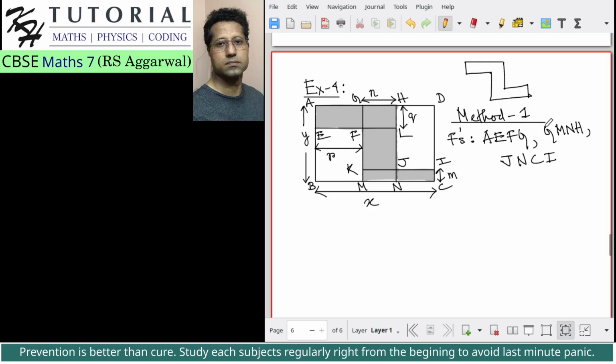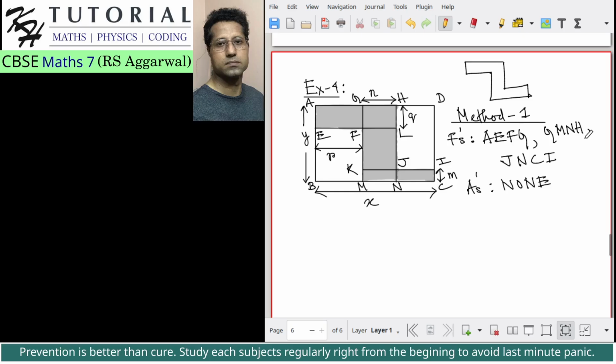Okay, so I know the dimensions of all these rectangles, and all these three rectangles do not have any overlapping regions. So what are the overlapping regions? They are none, as all the figures from F's, that is the rectangle AEFG, the rectangle GMNH and JNCI, none of them have any common regions.